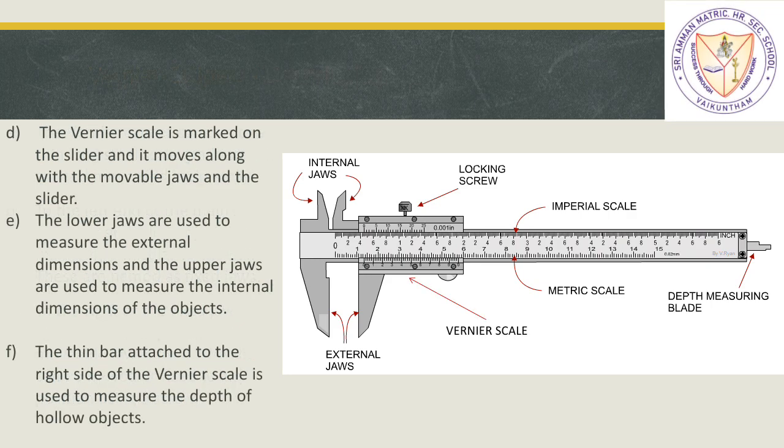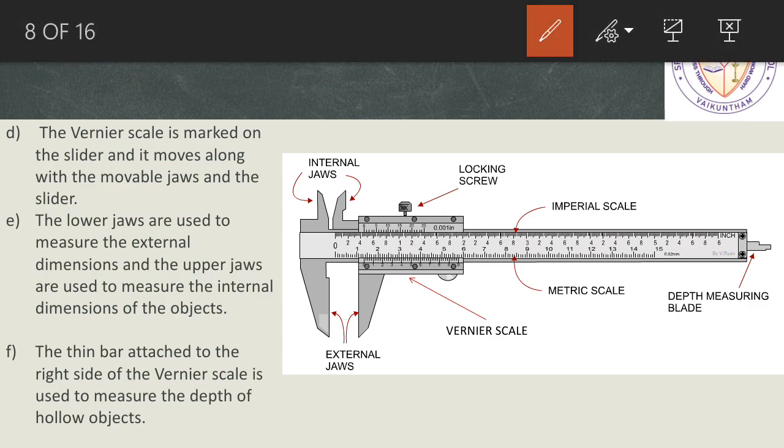Then the vernier scale is marked on the slider. So we said there is a slider which can be moved, right? If you see here, there are some markings on it. This is nothing but the vernier scale. In a vernier calipers there will be two scales: one is the main scale, another one is the vernier scale.